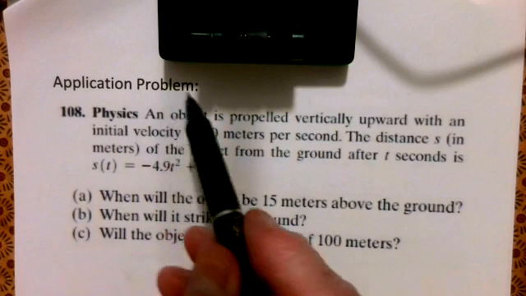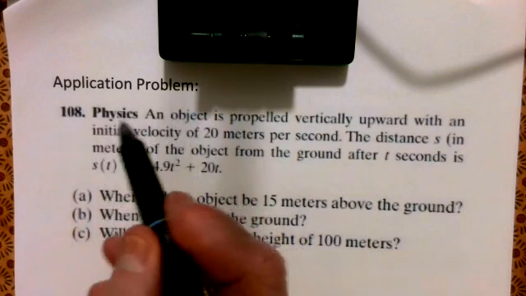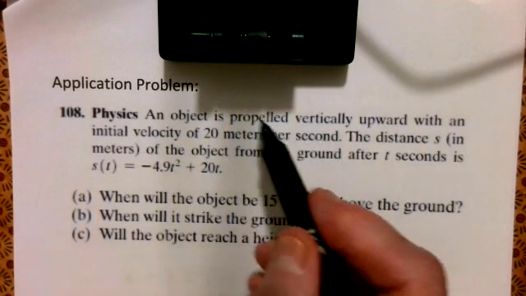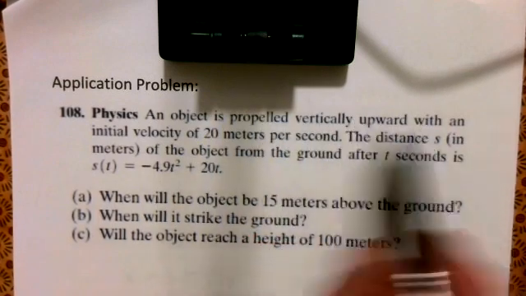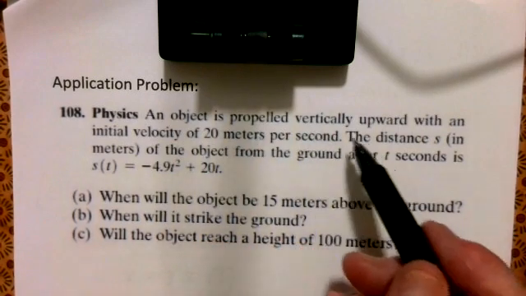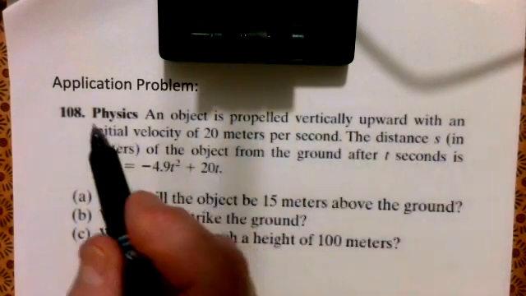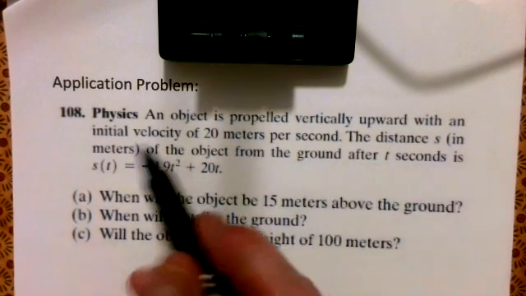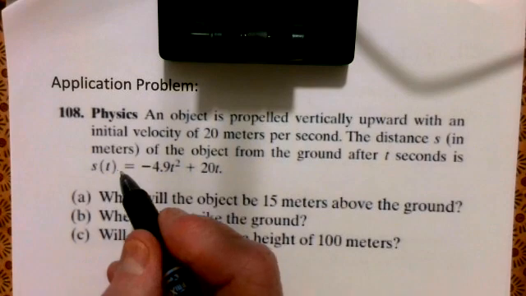Okay, so this is an application problem that has to do with physics. An object is propelled vertically upward with an initial velocity of 20 meters per second. The distance s in meters of the object from the ground after t seconds is given by this equation.